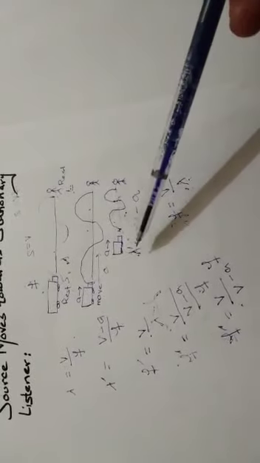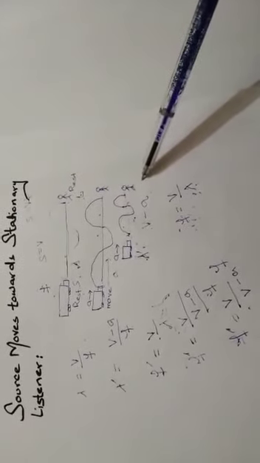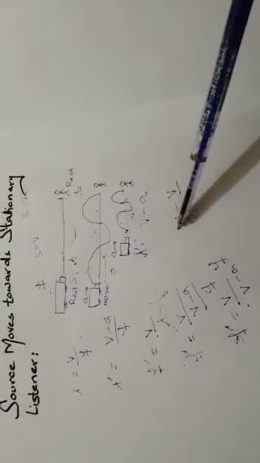So when the sounding source moves towards the stationary listener, then frequency of the sound increases, wavelength of the sound decreases, and due to the increase of frequency and decrease of wavelength, the pitch of the sound also increases.